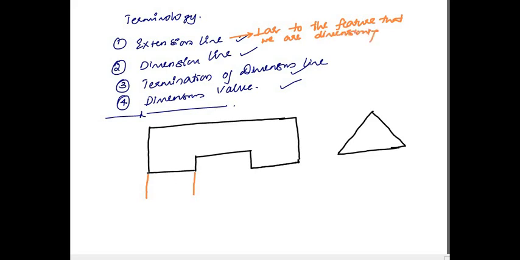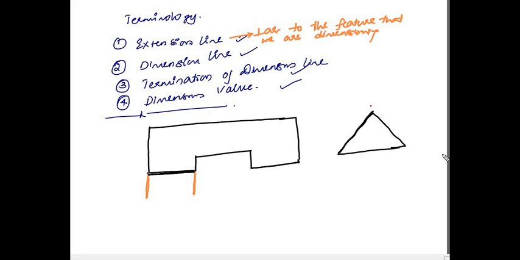So in this case you can see I want to give dimension to this particular line, so I am drawing extension lines perpendicular to the line. Let us say I want to dimension this particular line here in the triangle.